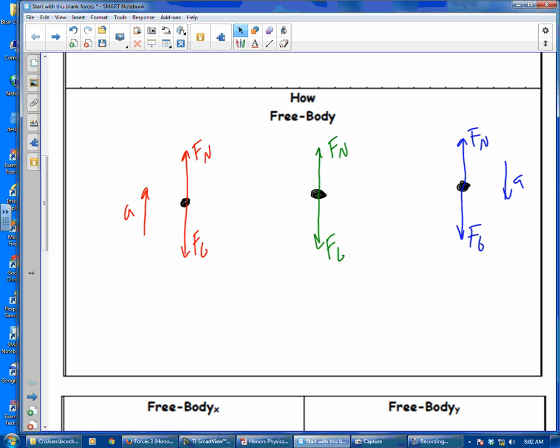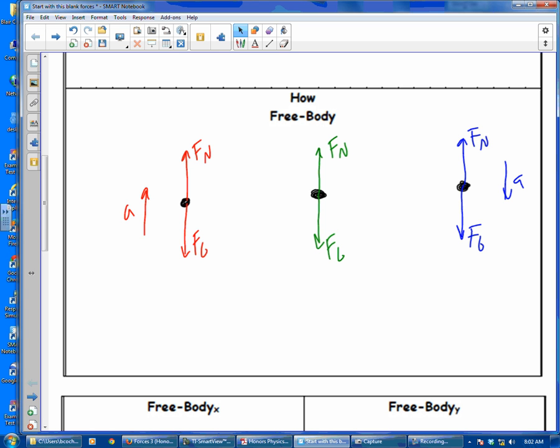And one way to think about this is in situation A, the red one, the net force is going to be up. In B, the green one, there is no net force. And in C, the blue one, the net force is going to be down. All right, so that would be one kind of thought to keep in mind.